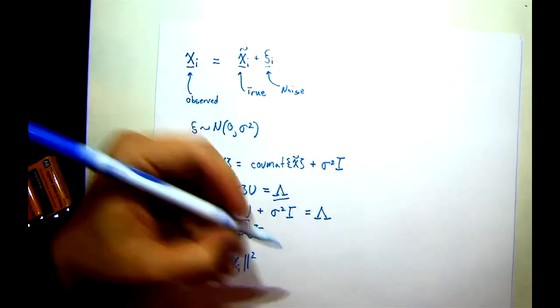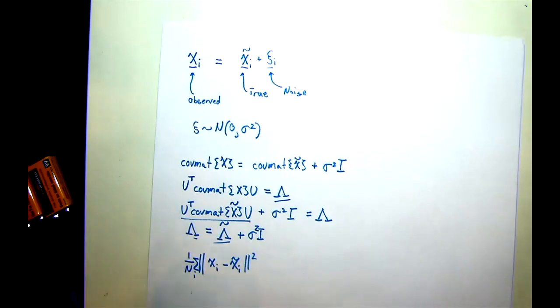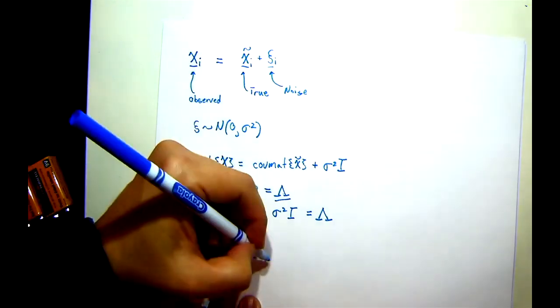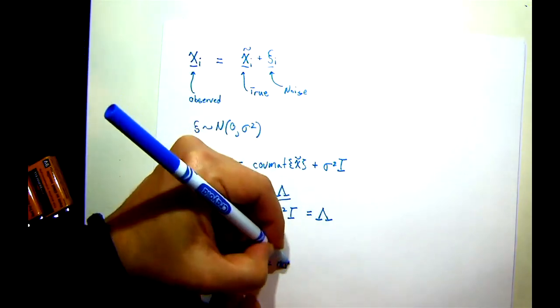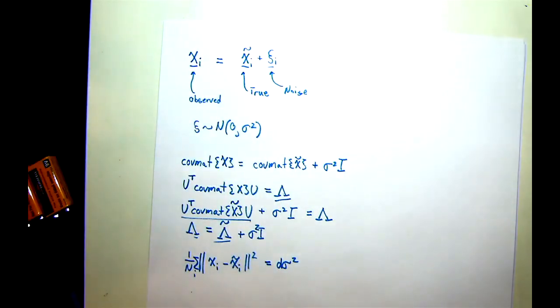Where did the summation go? All right, so that's the summation, the squared error, and that's going to be equal to d sigma squared. We know that there's sigma squared error on each of them, and there are d components. So we're just going to end up getting an error of d sigma squared.